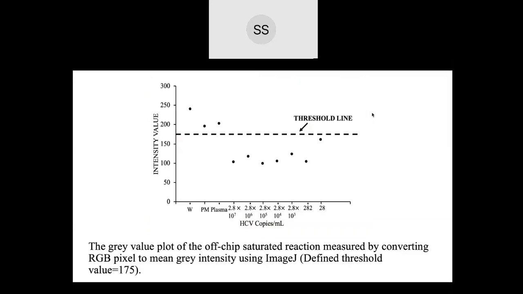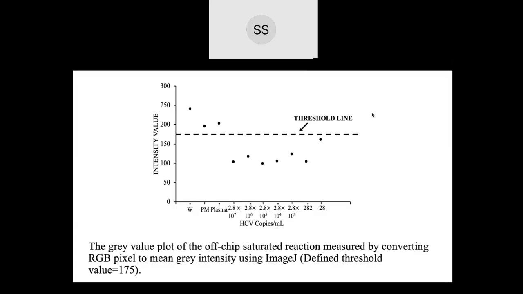Again, we plotted the intensity value, and it followed the same trend as previously observed. The reaction showing no color change has an intensity value higher than 175, and the reaction showing color change has an intensity value lower than 175.